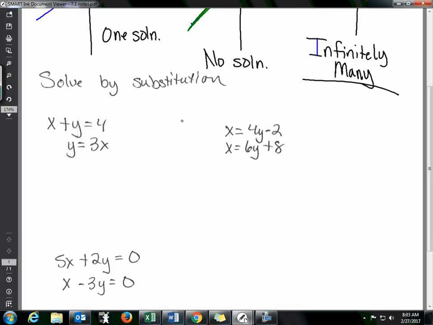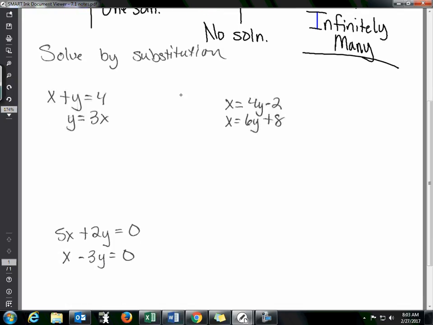Okay, so here are some different problems. The skill in solving systems, once we've gone through all these, is determining which method would be the easiest, which might fall into which method you find the easiest to do. A lot of times I like substitution just because I love algebra.